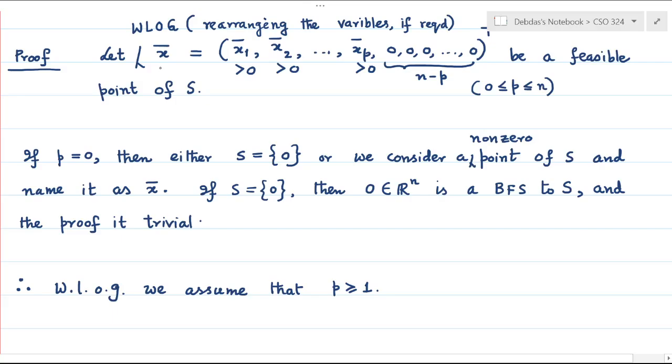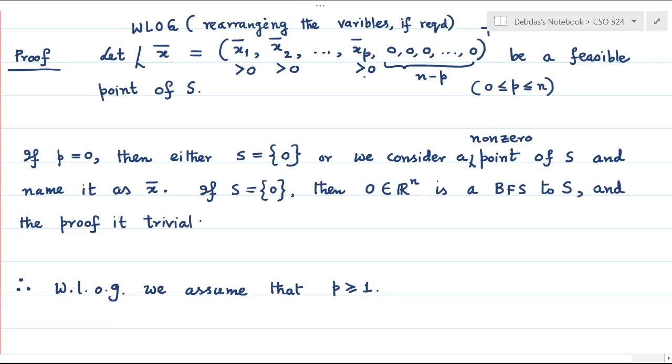Now, under which condition will x bar become a basic feasible solution? This point x bar is a basic feasible solution provided the column vectors in the matrix capital A associated to the variables x1 bar, x2 bar, xp bar, that means the vectors a1, the first column vector of capital A, a2, the second column, ap, these p vectors a1, a2, ap are linearly independent.